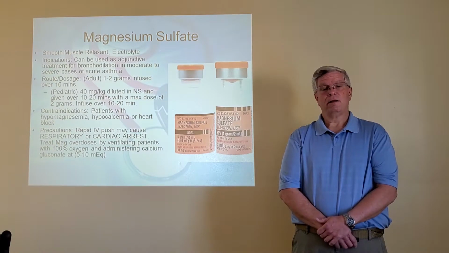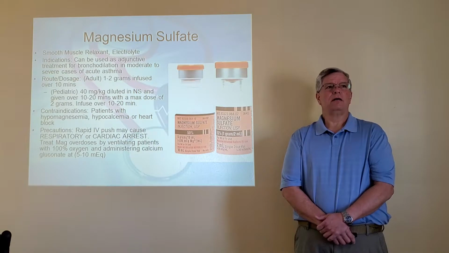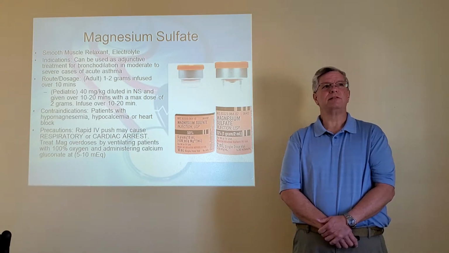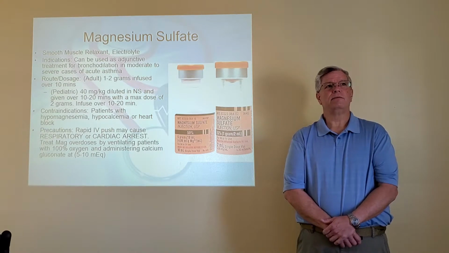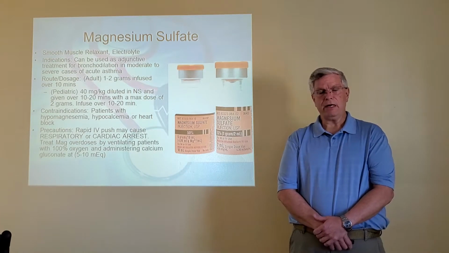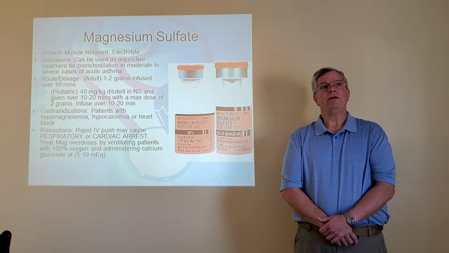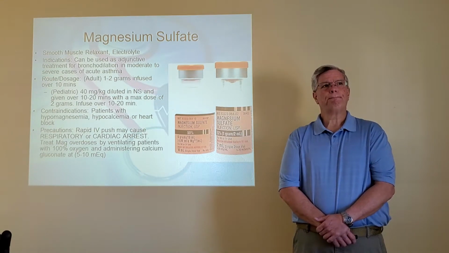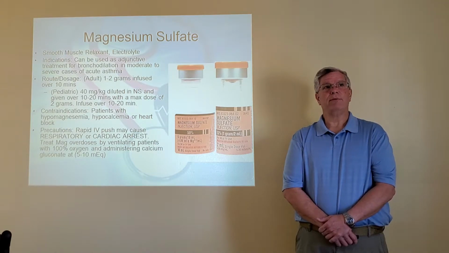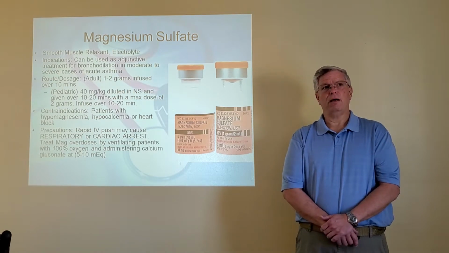Mag, wonderful drug in respiratory problems. It's a smooth muscle relaxant. The way we give it is 2 grams mixed in a 100 bag of saline, and we use a 10 drop set on this or 15 drop set when administering this medication because it's over 10 minutes.